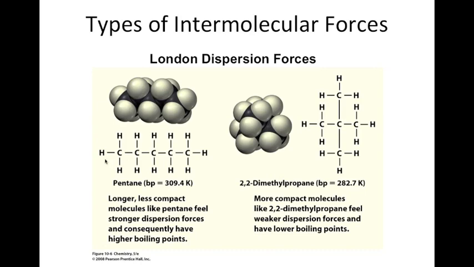This is because pentane is a more linear molecule, whereas 2,2-dimethylpropane is a more spherical molecule. So there's more surface area along pentane for two pentane molecules to interact than there is with a more compact molecule like 2,2-dimethylpropane.